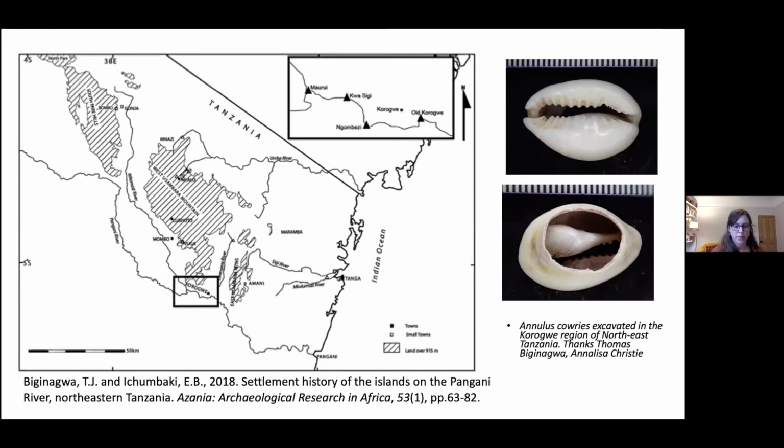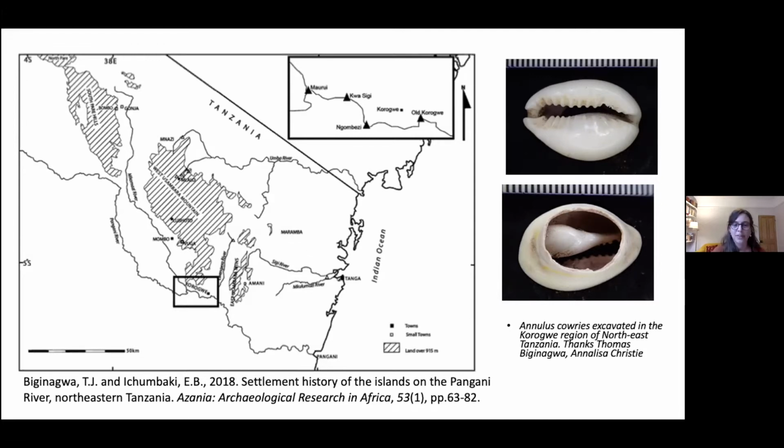So this is recent research by Thomas Biganagwa, and he's looking at caravan trade routes that link the coast to the interior prior to the 19th century. He's documented how what we associate with 19th century caravan trade routes have a much longer historical precedence in the region, and one of the items that he finds throughout all of the excavation layers are cowrie shells.